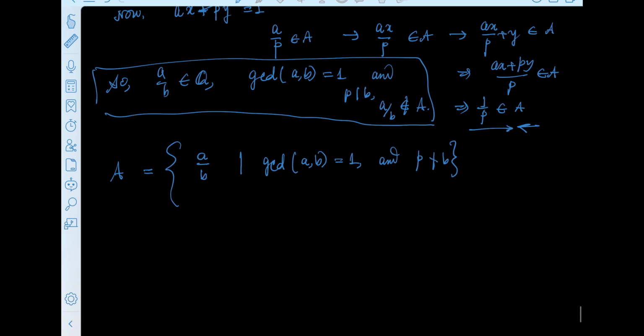So you can see easily this is nothing but the localization of Z at P. Okay, so now this is a local ring.